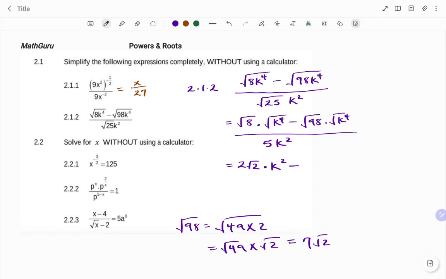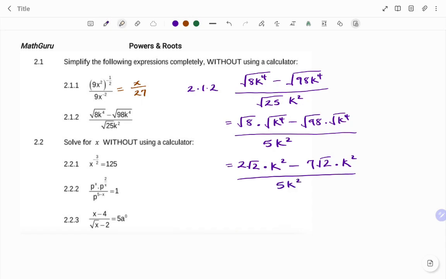So therefore, root of 98 becomes 7 root 2 times root of k to the power of 4, like I explained earlier, that's k squared, all divided by 5k squared.